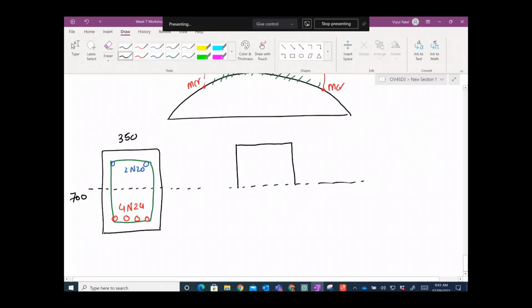For this compression zone, the concrete will be active, meaning that it will have resistance to the bending moments, 350 millimeters. And this line, which I represent by dn, is the depth of the neutral axis, right? We don't know this depth. We just want to find that depth. But this is the plastic neutral axis.